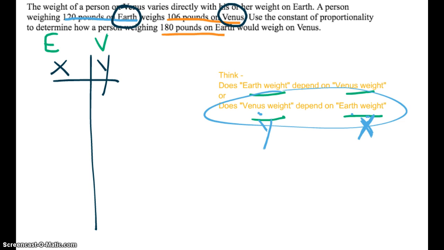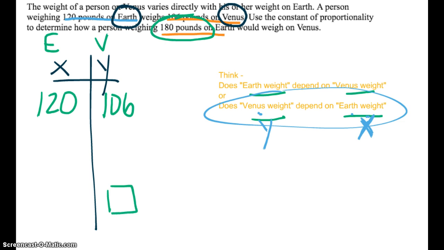So we know that on Earth, when you weigh 120 pounds, on Venus you weigh 106. And the question is, how much would somebody weigh on Venus, so we're looking for Venus, if they weigh 180 pounds on Earth? Now, a couple of ways to look at this.